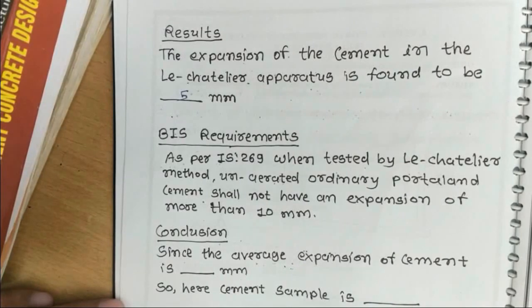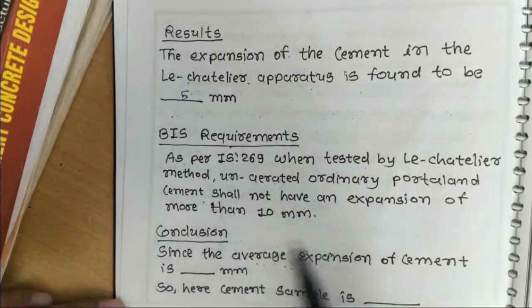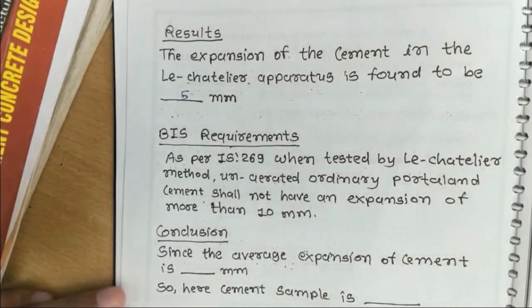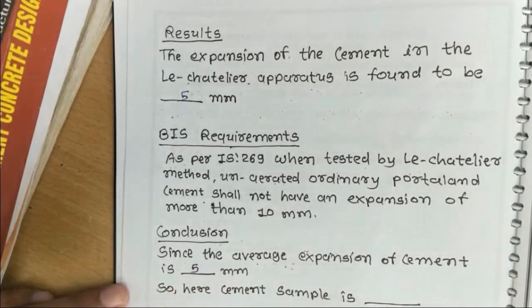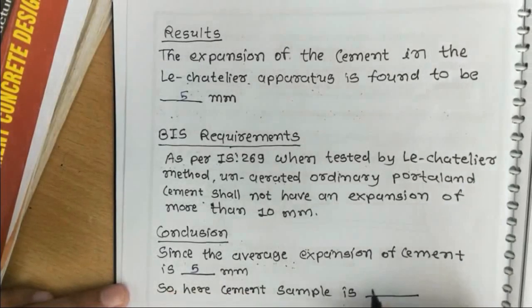Here we get 5 mm expansion. So as per the BIS, we go for the conclusion: since the average expansion of cement is 5 mm, our cement sample is sound.